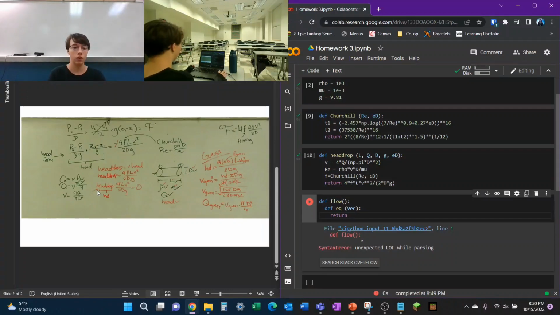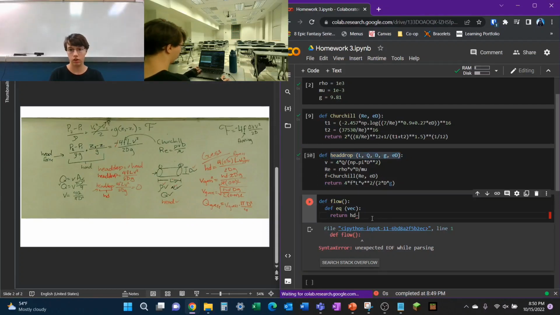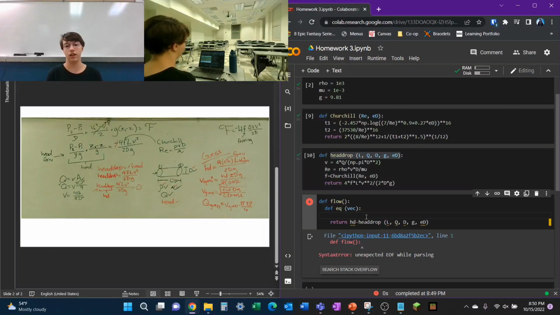So we'll have HD for our head drop, and then minus, and then we have this value. And I could type that all in, or I could just use this head drop equation, or function, that we already input. So I'm going to do that. And we're just going to copy and paste this up here, and paste it there. Alright, so now we're starting to see what we need to input. So within this vector, that's what's going to take in the head drop.